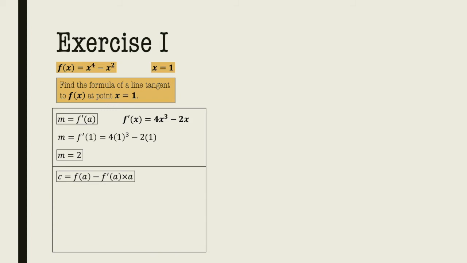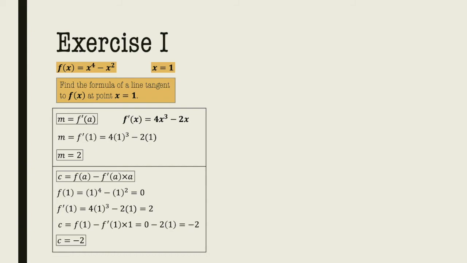To use this formula we must find f of 1 and f prime of 1, so let us quickly do that. F of 1 is 0 and f prime of 1 is 2. Finally, we put these values into our formula to get the y-intercept. The answer is negative 2.